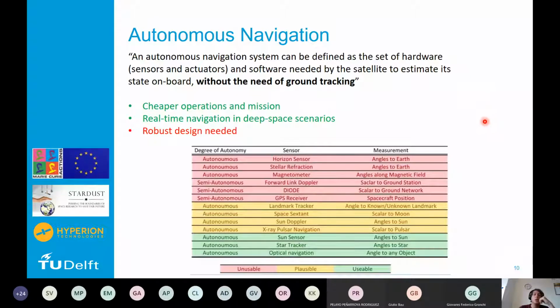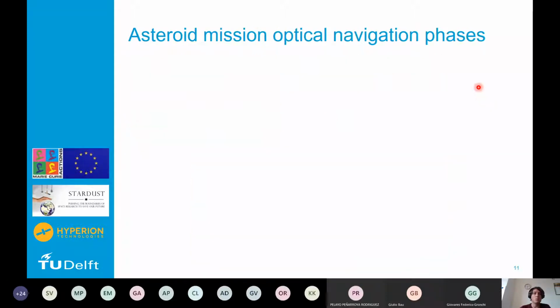There are many different kinds of autonomous navigation, but for deep space cruise, which is the main focus of this talk, the last three are usable, and in particular I will focus on optical navigation, so how to use optical sensors to spot visible bodies in the field of view and retrieve information from them.